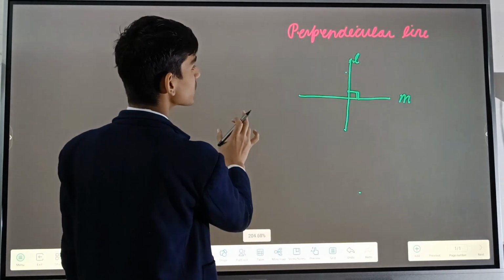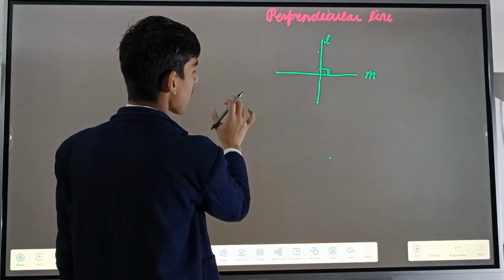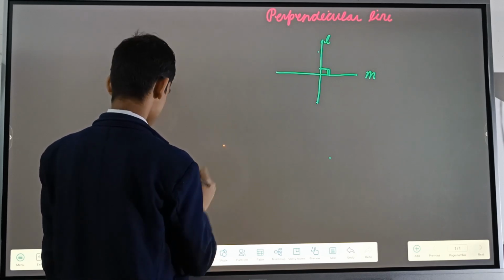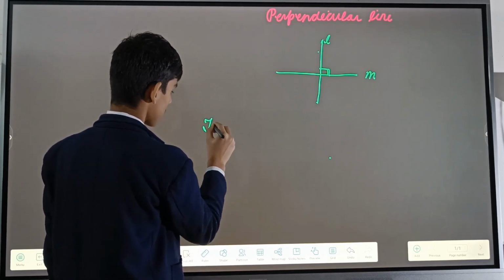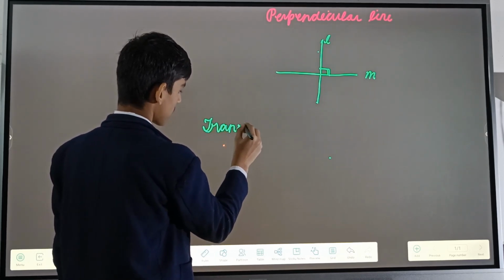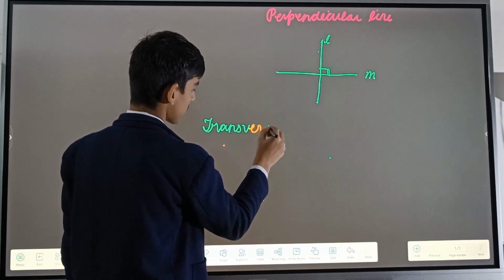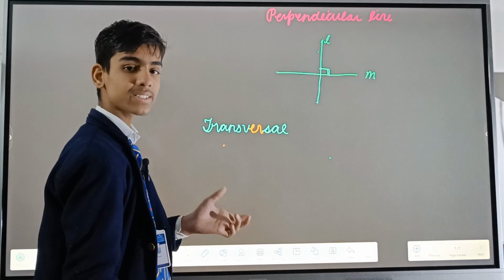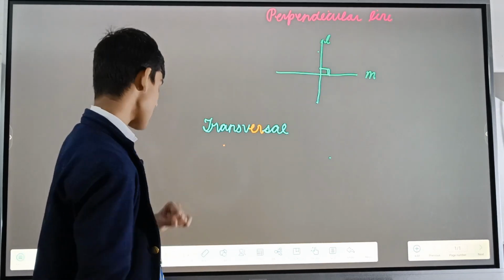So we proceed to the next line, which is known as transversal. Transversal. When one line intersects three or more lines, it is known as a transversal.